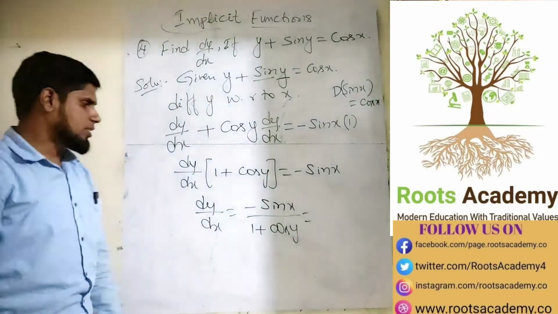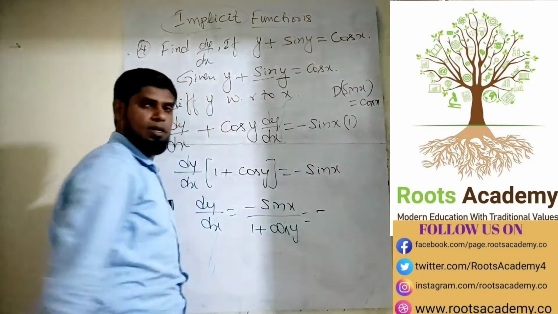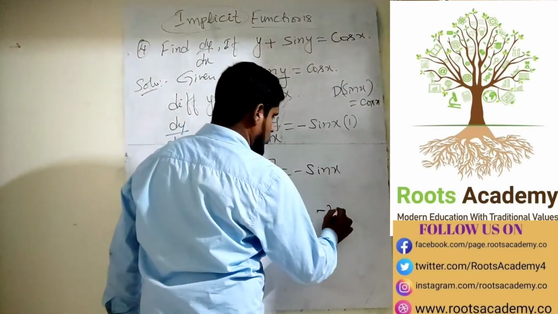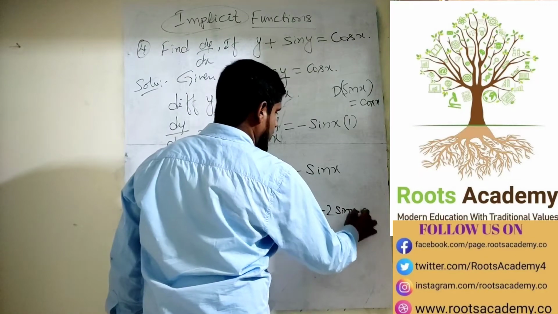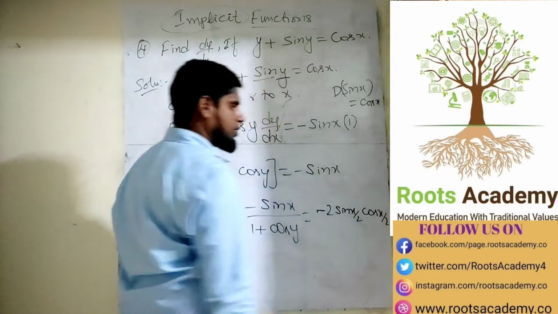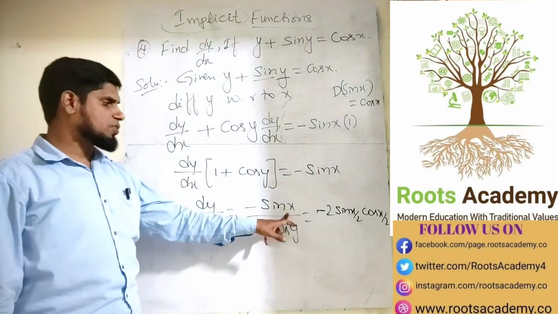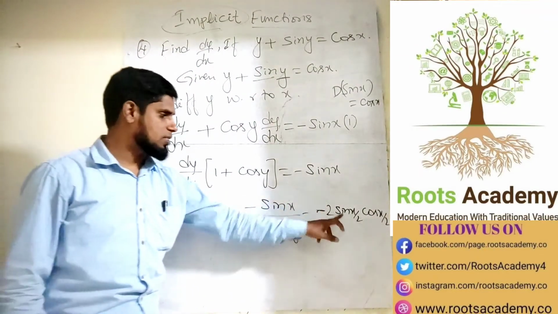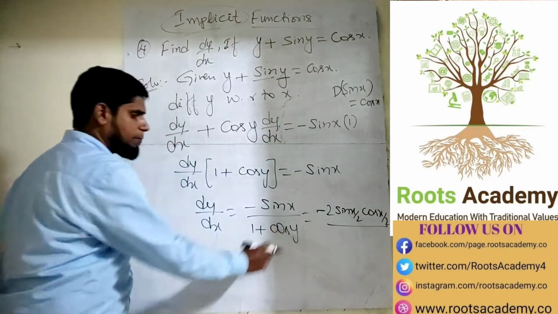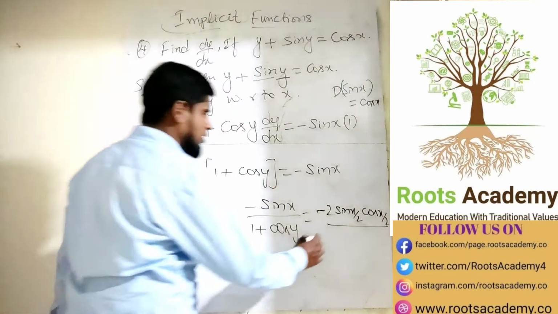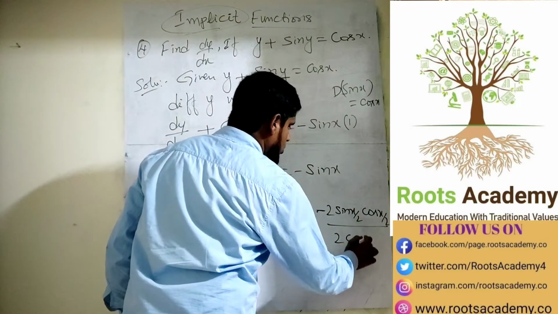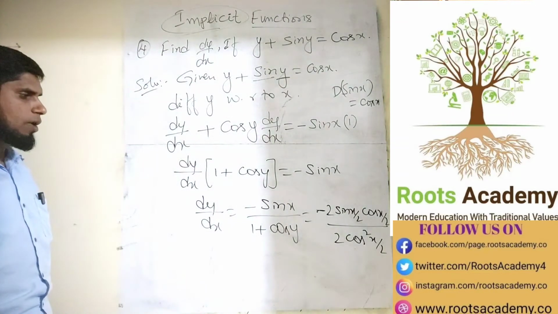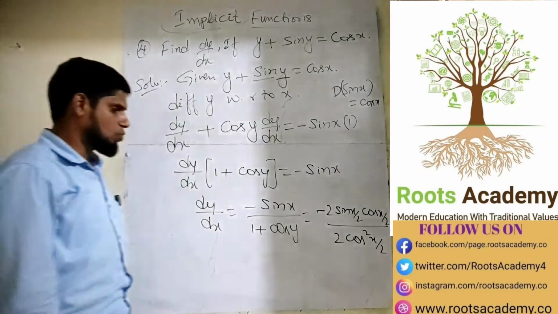Minus will write as it is. Minus. We know that sin x is 2 sin x by 2 into cos x by 2. It is sin 2x formula applied, and converted multiples to half angles, divided by 1 plus cos y. Its formula is 2 cos square x by 2.